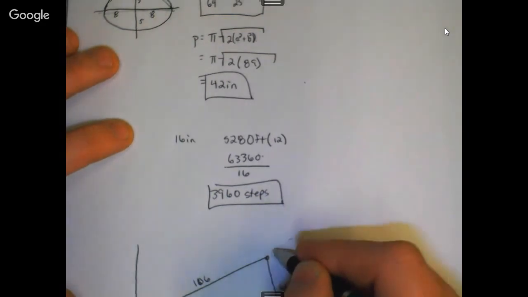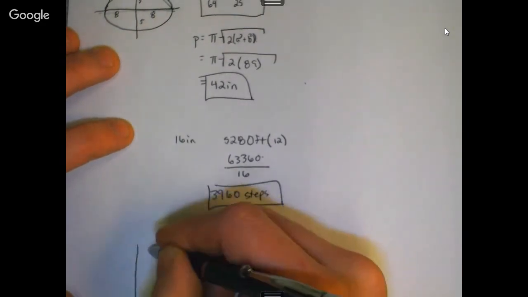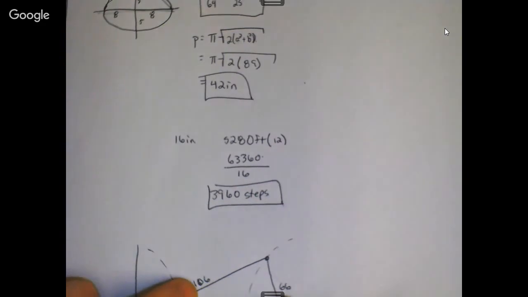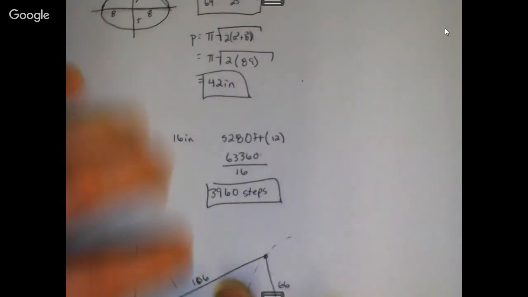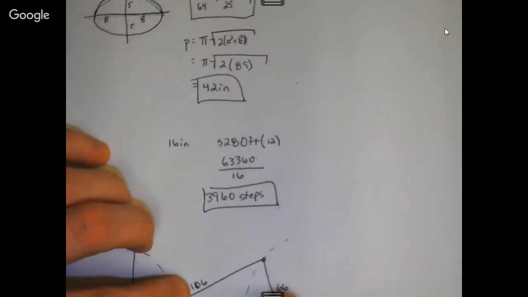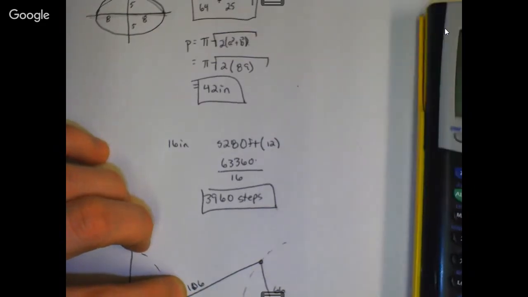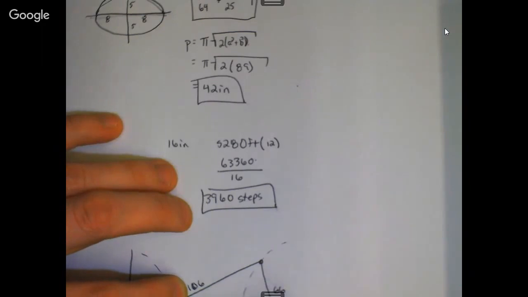Okay, so my hyperbolic path is there and there. So we have the center. The difference between these two distances is 40. So that means from here to here is 40, or right here is 20.